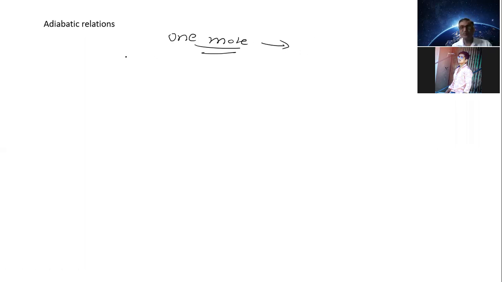Now suppose du is the change in the internal energy, dW is the external work done, and suppose dq is the amount of heat absorbed or given out.